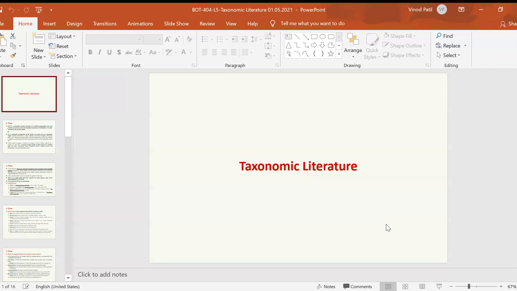So this topic is with the taxonomic tools or the aids.